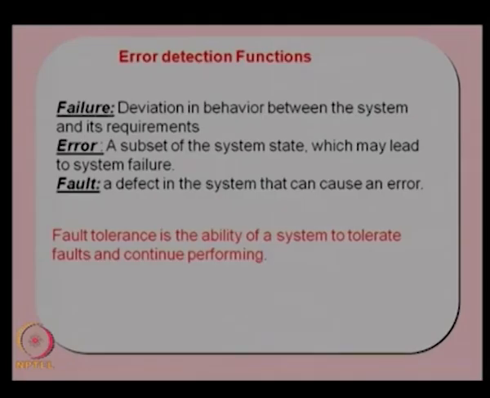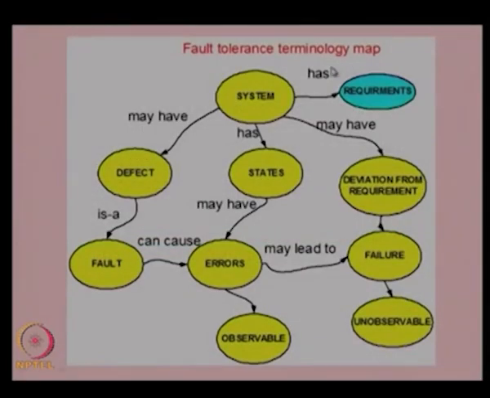So, you look at the fault tolerance terminology map shown here, you can see that there are observable and unobservable failures in the system or the errors in the system. So, every system has some requirements, and these requirements are the basic objective or output of the function or the system, and then the system may have deviation from the requirement.